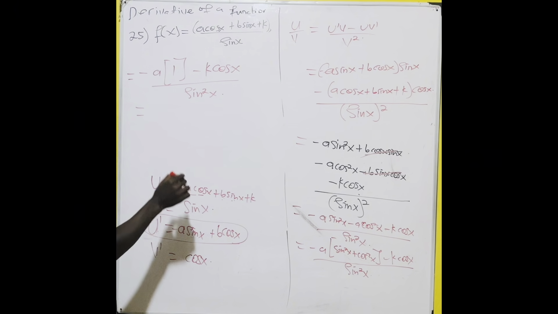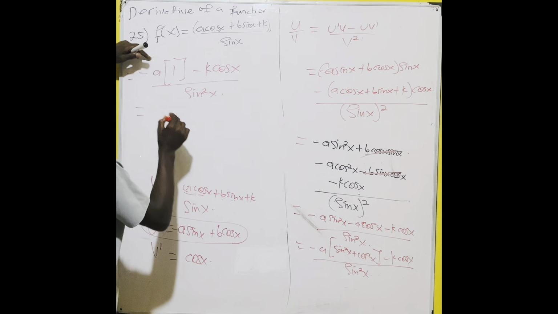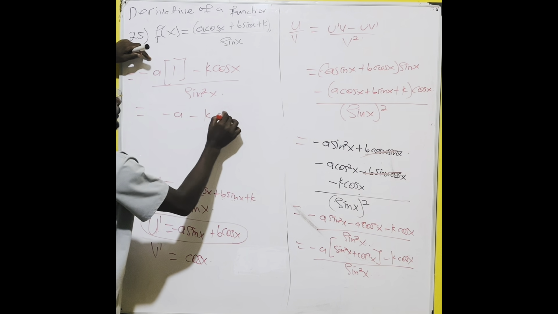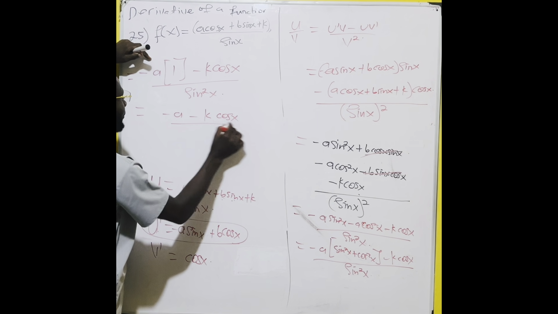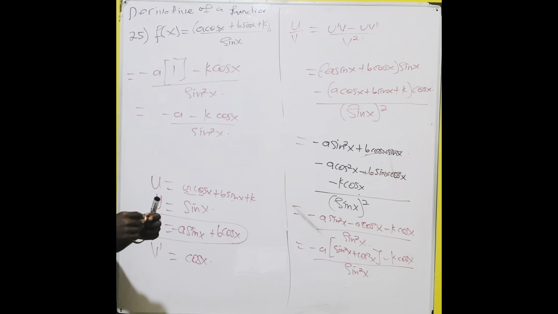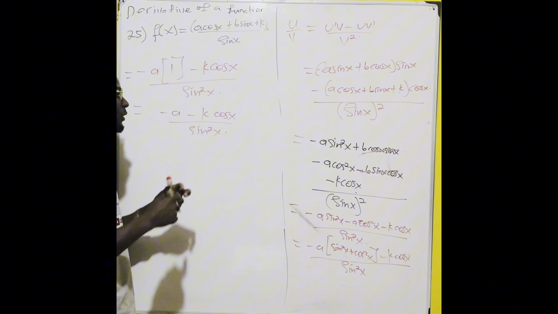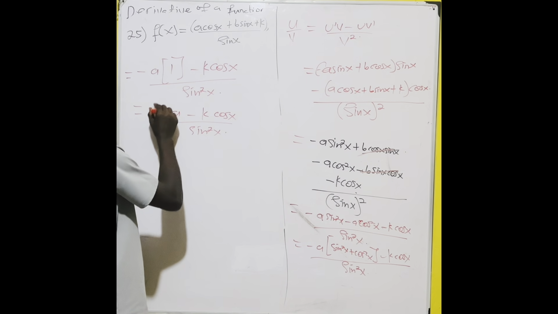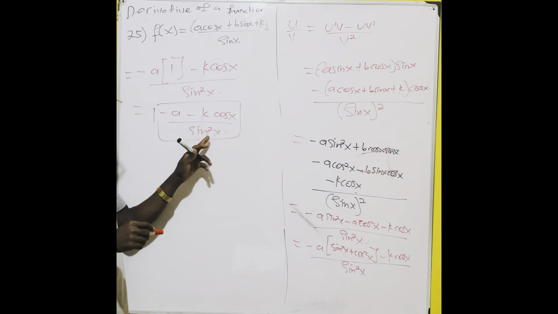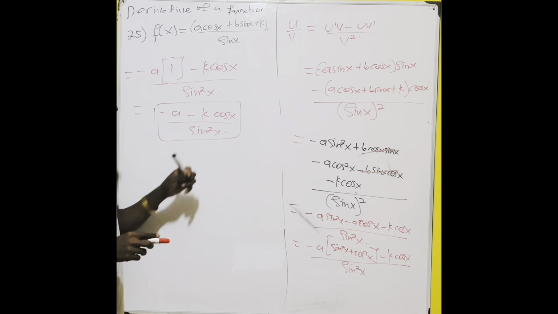So in all, we have minus a minus k cos x divided by sine squared x. Okay, so this is what we have right now. We are not done yet. We can still simplify this to have a simple expression, right?